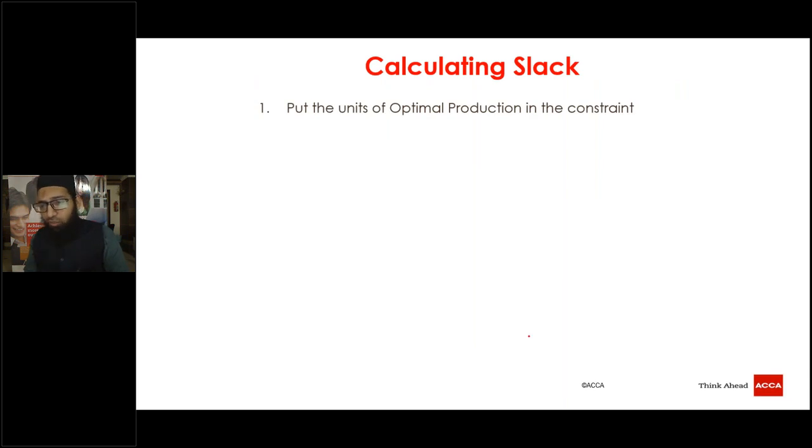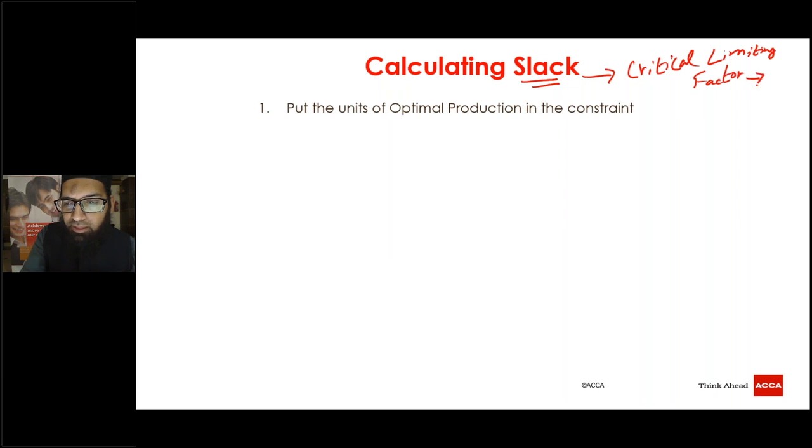Slack means the resource remaining at an optimal point, and for a critical limiting factor, this will always be 0.